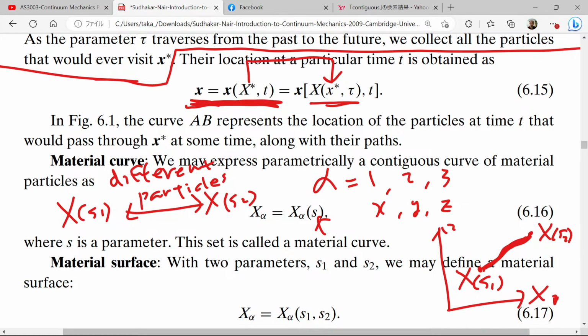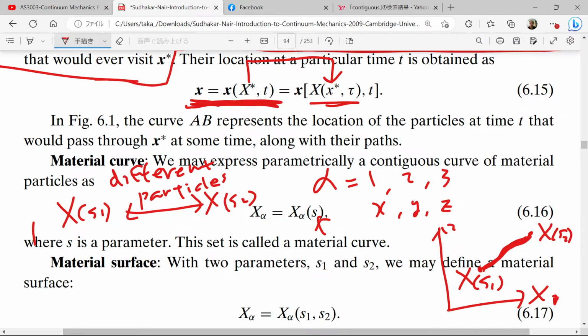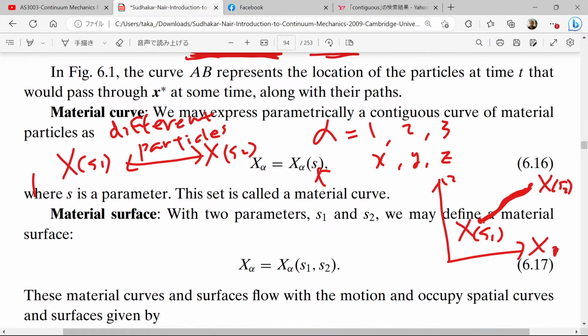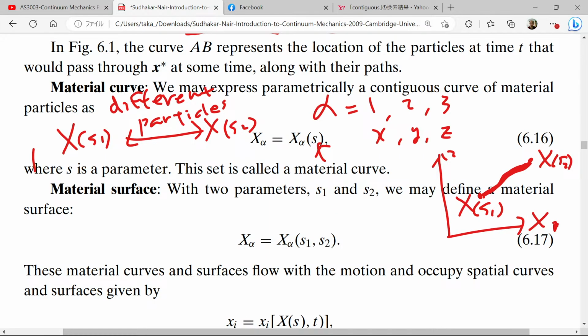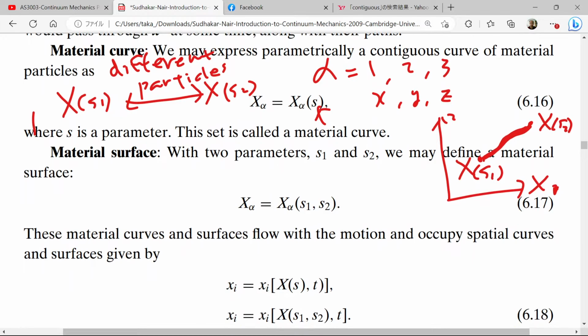Material surface: with two parameters S1 and S2, we may define a material surface.